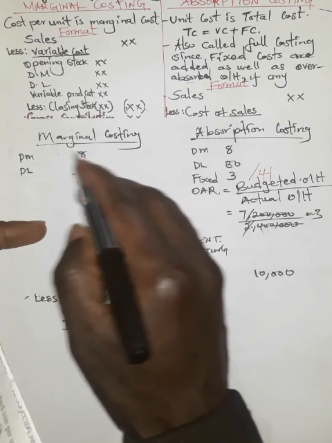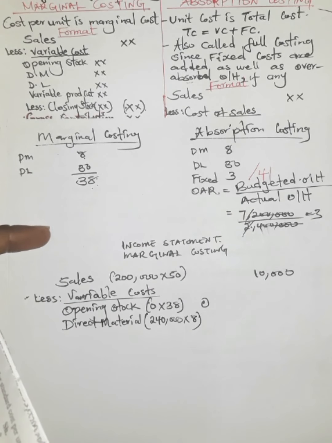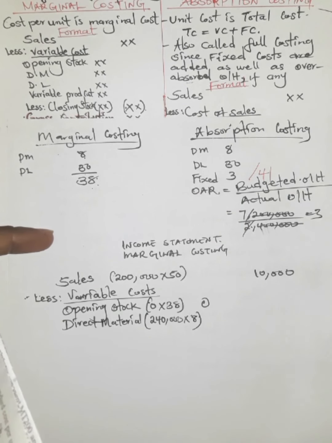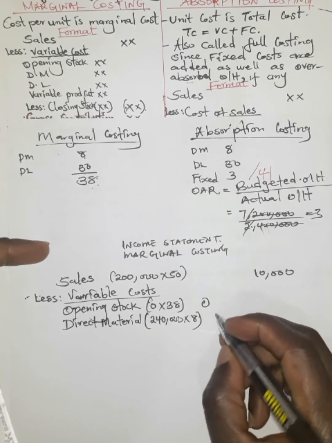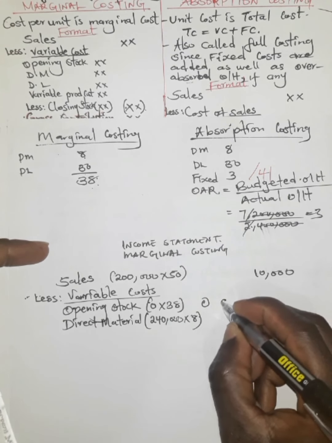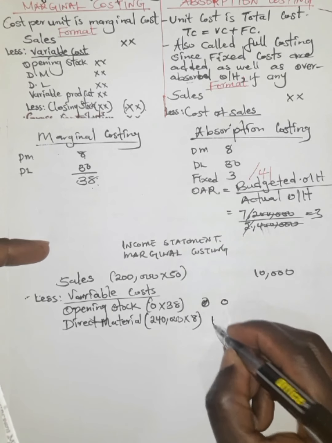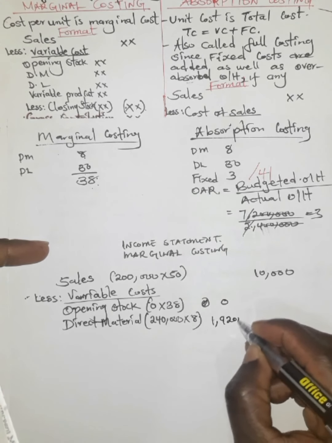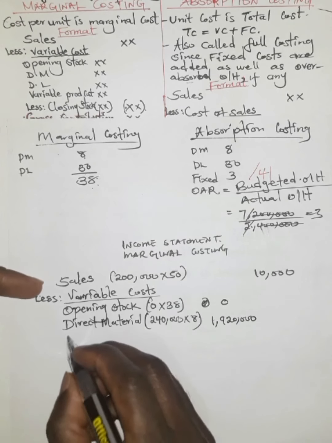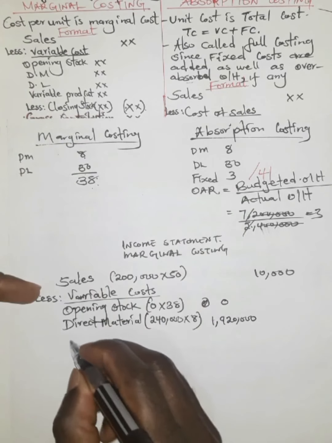When you multiply these two, you get 1,920,000. And then you factor in direct labor again.